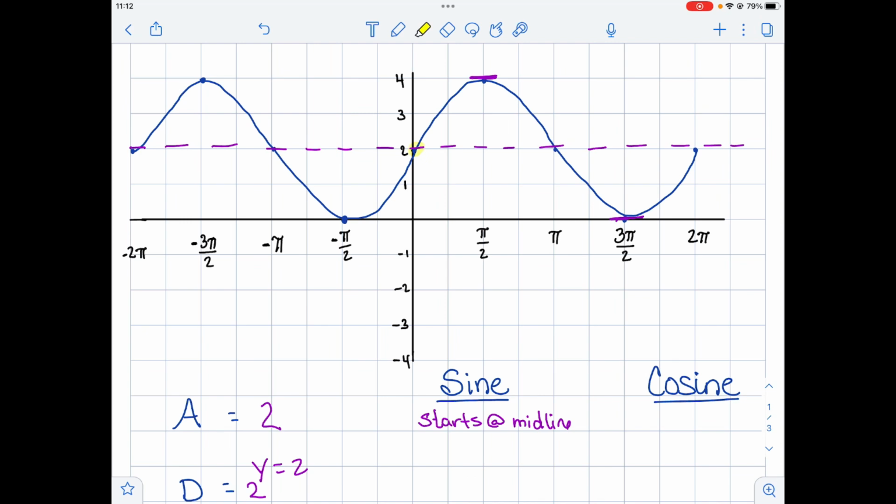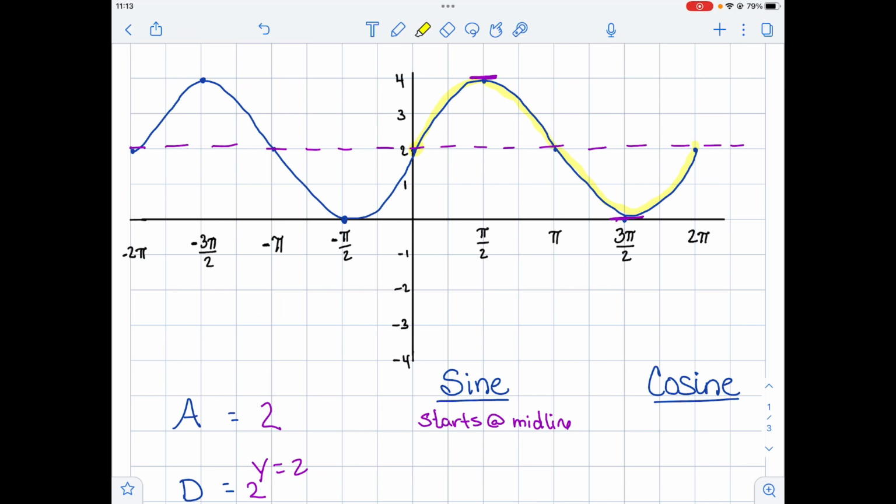We want to go closest to our y-axis. And to do one full cycle, we look at what we start at. We go to the max, back to the intersect, to the min, and then back to where we started. That is one full cycle for sine.